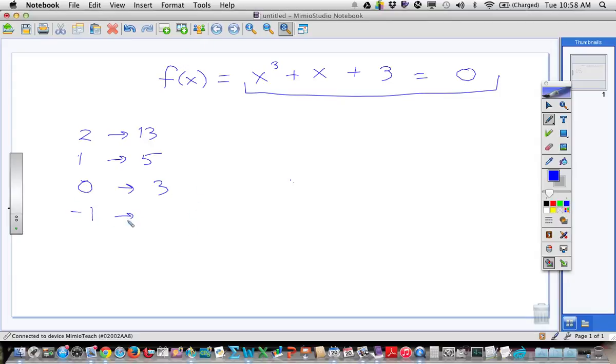Plug in a -1. Ooh. -2 must be it. All right, that didn't work. Should we keep going? Yeah. It's somewhere in between, isn't it?